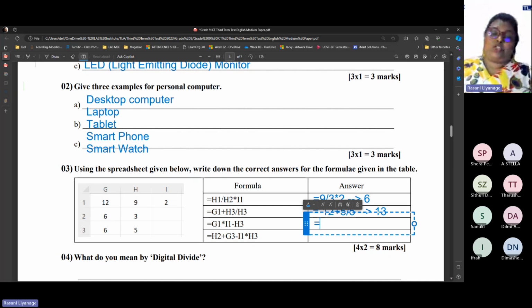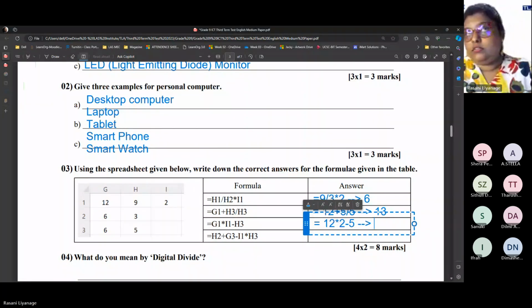Next. G1 into I1 minus H3. G1 12 into I1 2 minus H3 is 5. 24 minus 5. How much, son? 19.